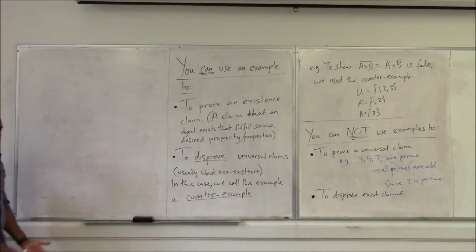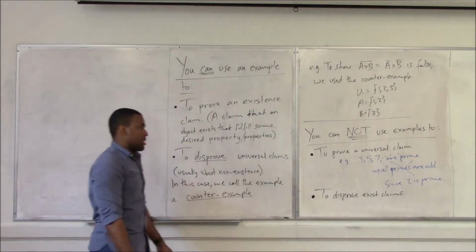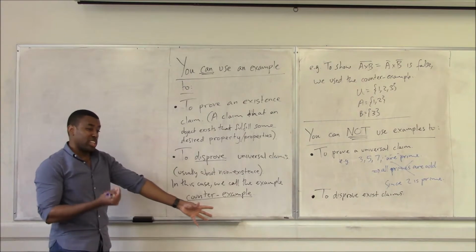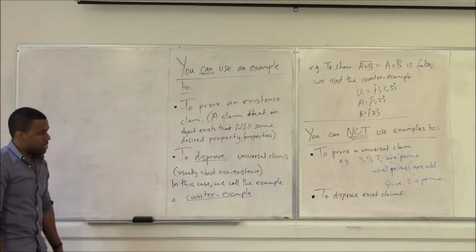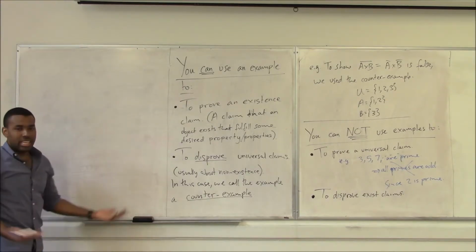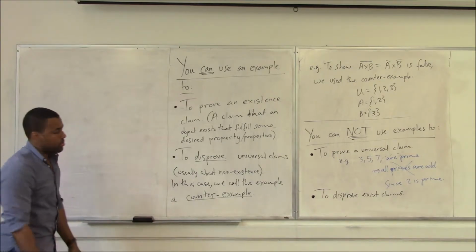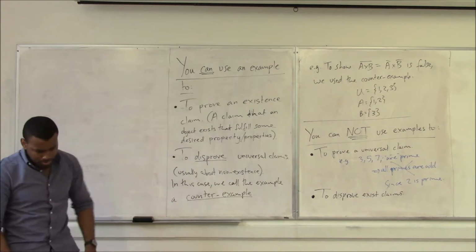So if there's some universal claim that you want to say is not true, all you have to do is produce one example. If I say for all of this, this is true, and you can show me there's at least one where it's not true, then that example works. And why does it work? Because of the negation. We know the negation of for all is there exists. So that's very important, how we can use examples.